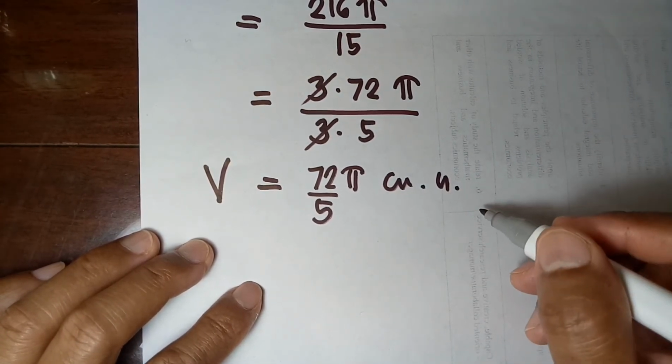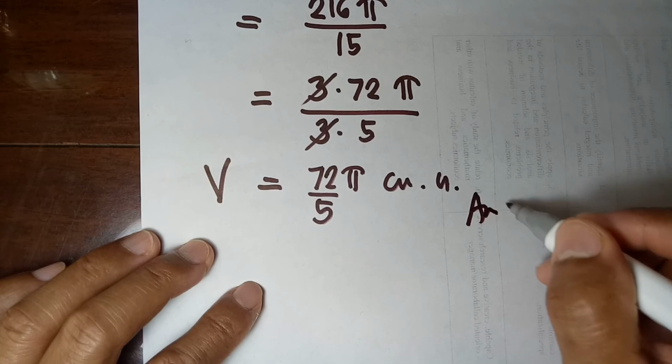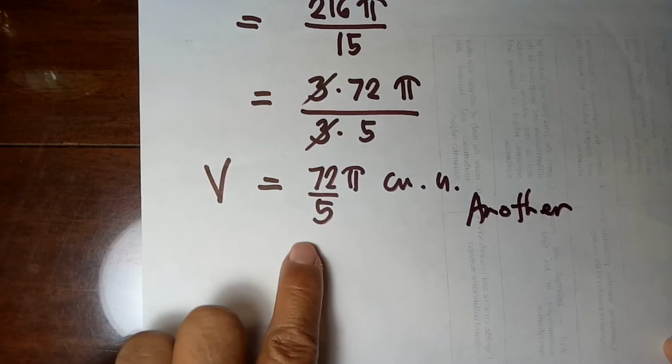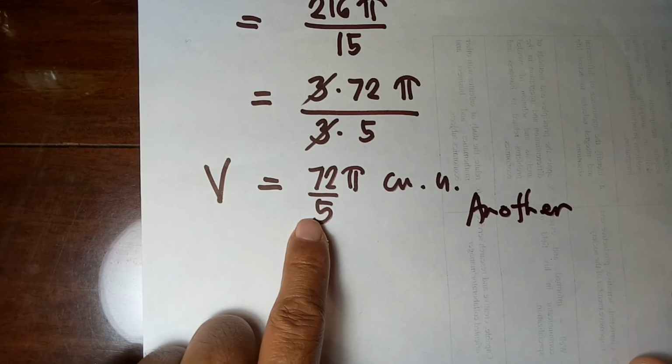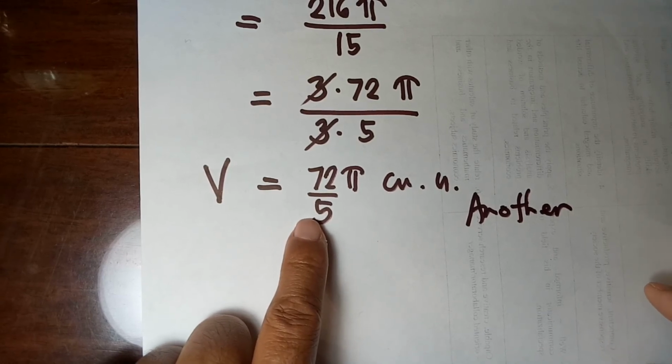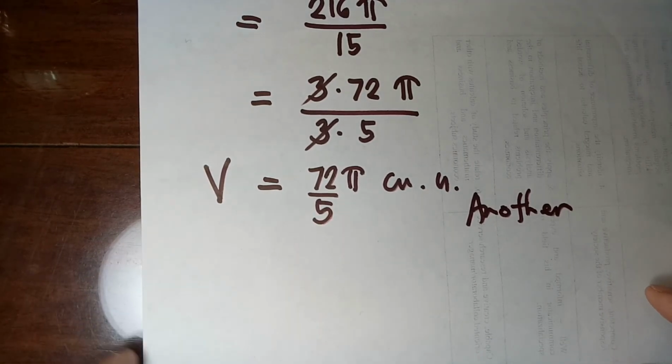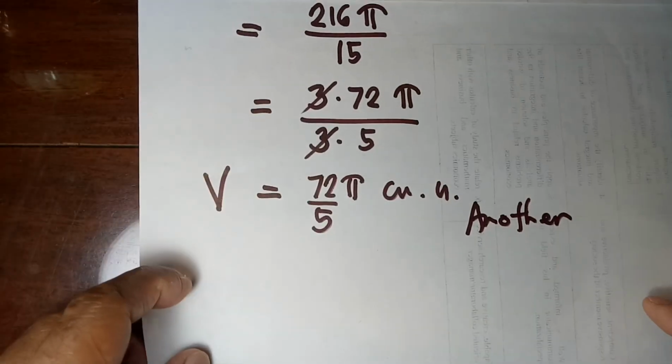So, this is now the answer, ano? Using this method. So, kamukha lang siya nung volume na nakuha natin sa ating unang solution sa part 11 ng ating video. 72 pi over 5 cubic units.